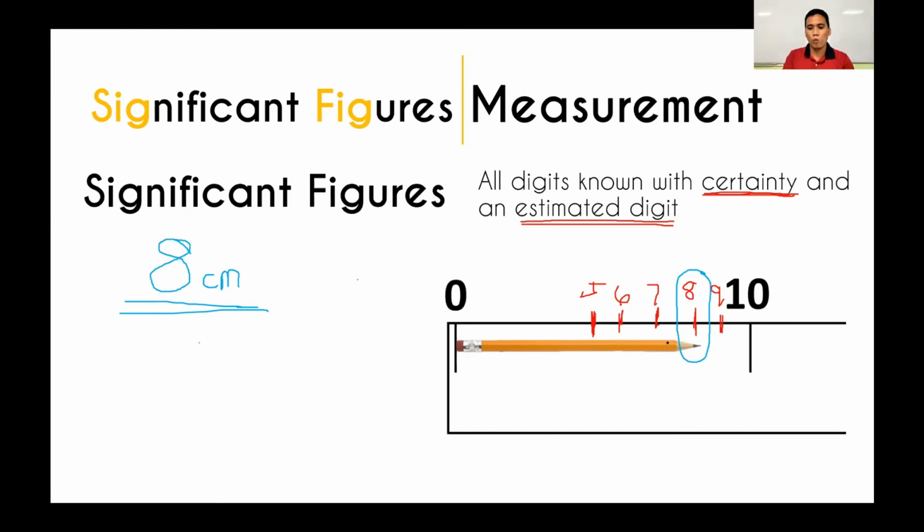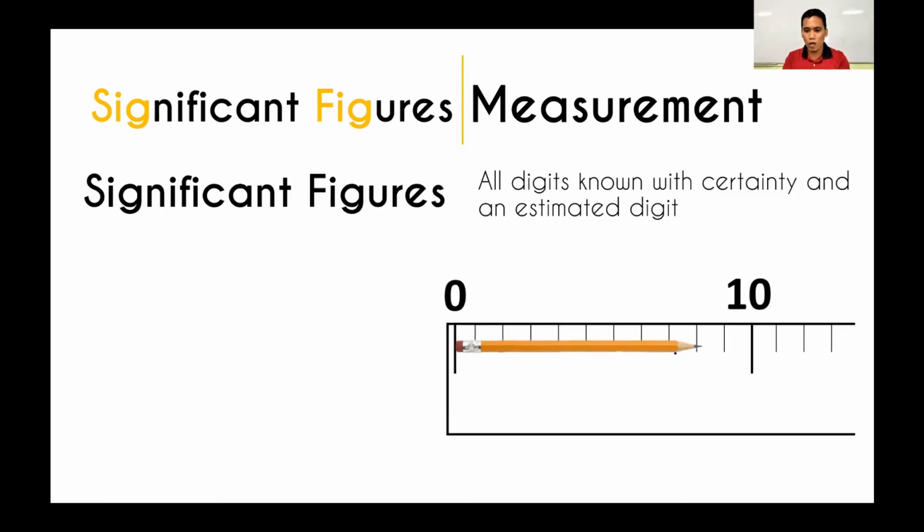So what would happen if our ruler or the measuring device is calibrated by ones? For example, if this is 10, then we have 9, 8, 7, 6, and 5, and so on.